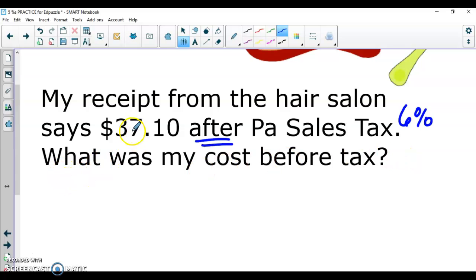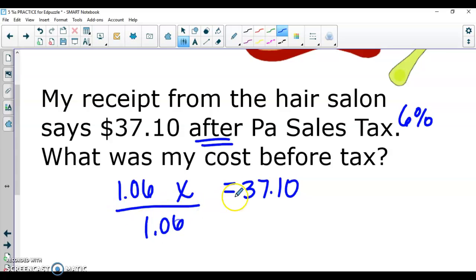Because you have already added on the sales tax here, this is my equals number, you have paid 106% or 1.06 of your original cost. So 1.06x is equal to your new cost. So we're going to divide by 1.06, and we get x equals $35 for the cost of the haircut before tax.